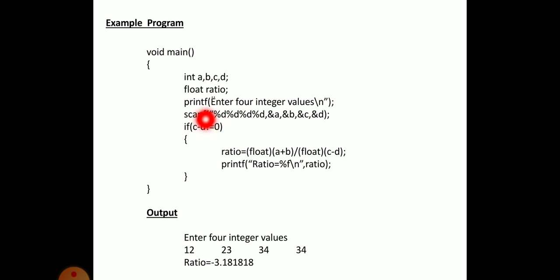So after displaying the message "enter 4 integer values" on the screen, the user will enter 4 integer values. We have to accept the 4 integer values from the keyboard. So scanf statement is used to accept the integer values that the user has entered through the keyboard.